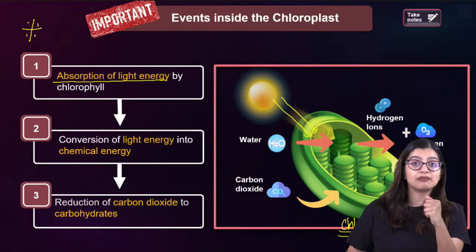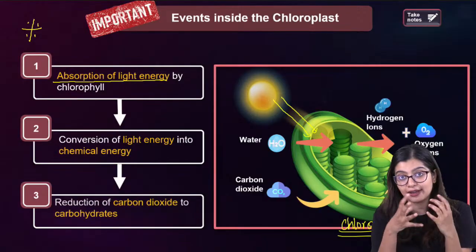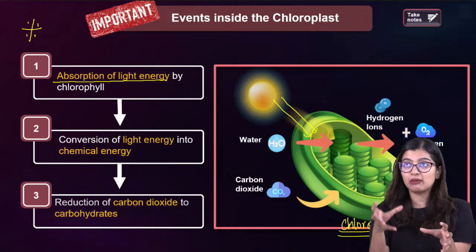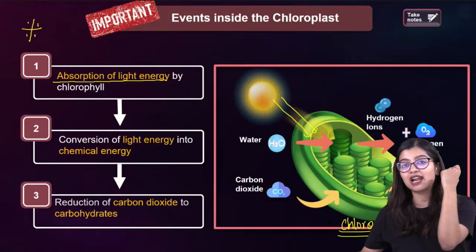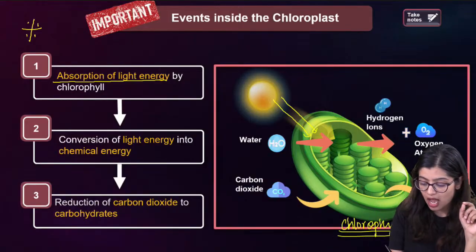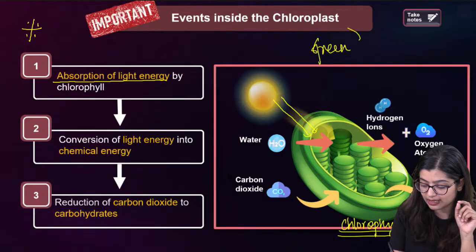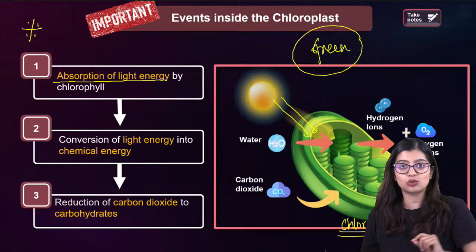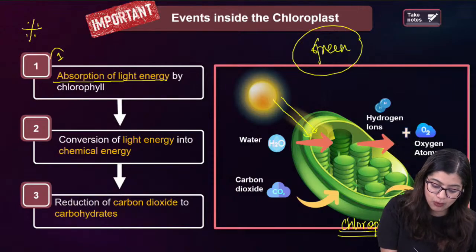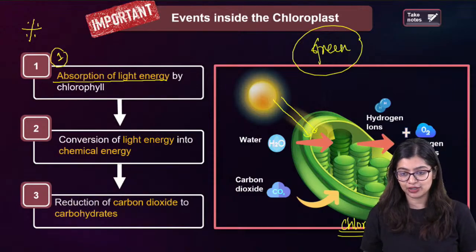This is not something that most pigments can do. This is a complex pigment which will absorb the light energy, and that is why whenever I define photosynthesis, I always tell you that it is something we see in green plants. That means chlorophyll has to be there to do step number 1, that is, absorb the light energy.